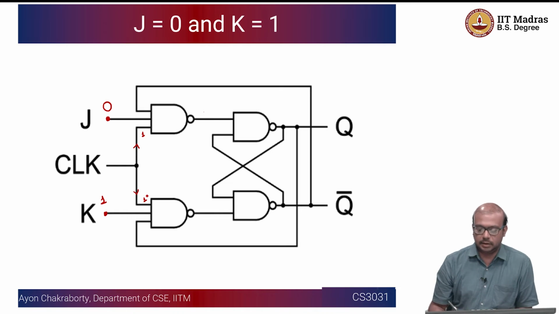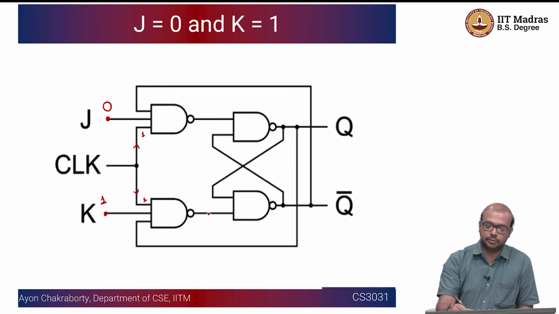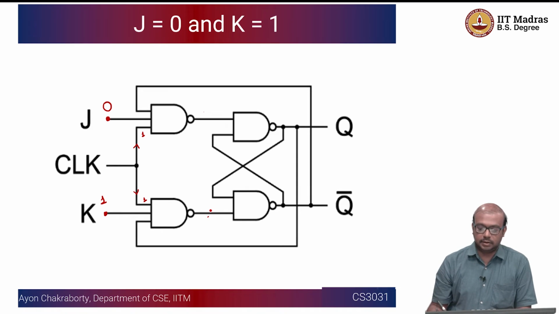Clock equal to 0 is anyway logic low, so the output is going to be 1 here. So this is going to act as an RS latch with R and S both set to 1, sorry.